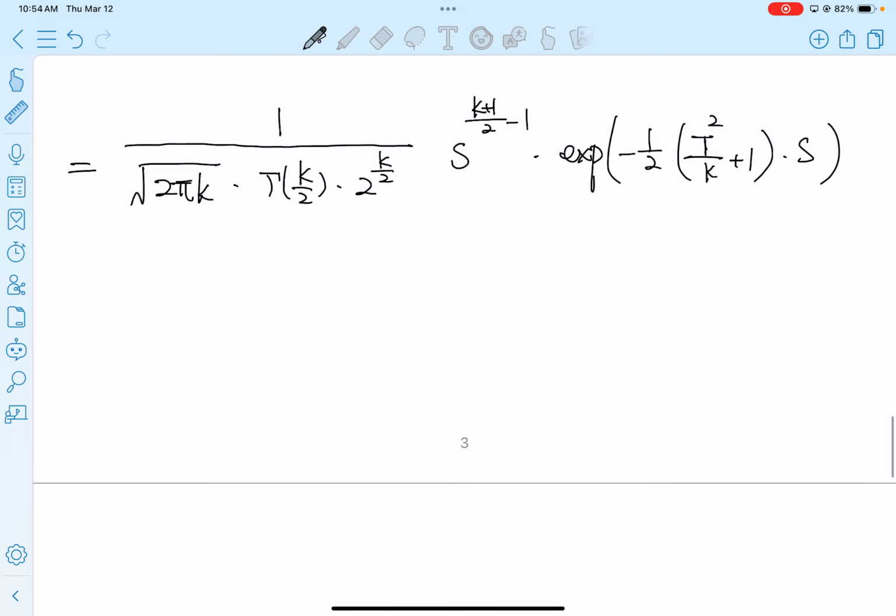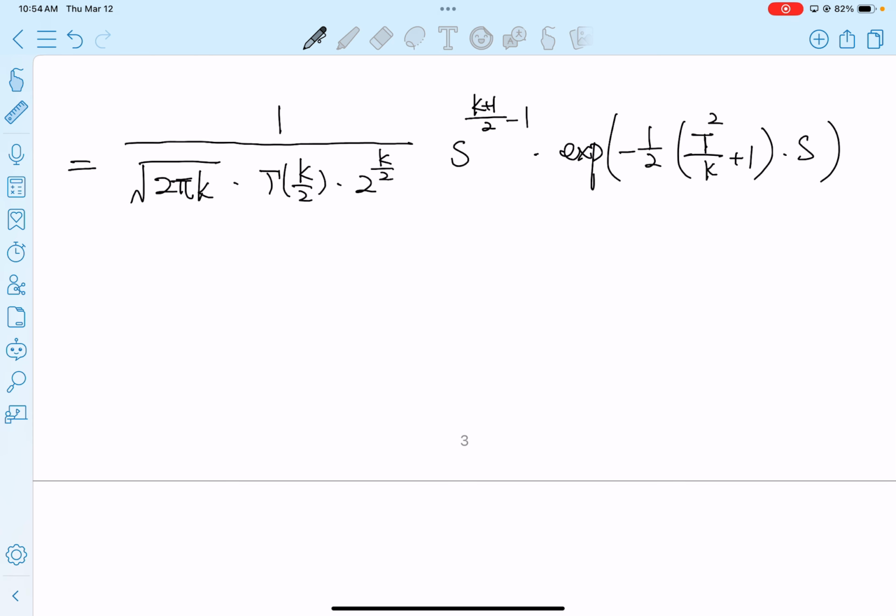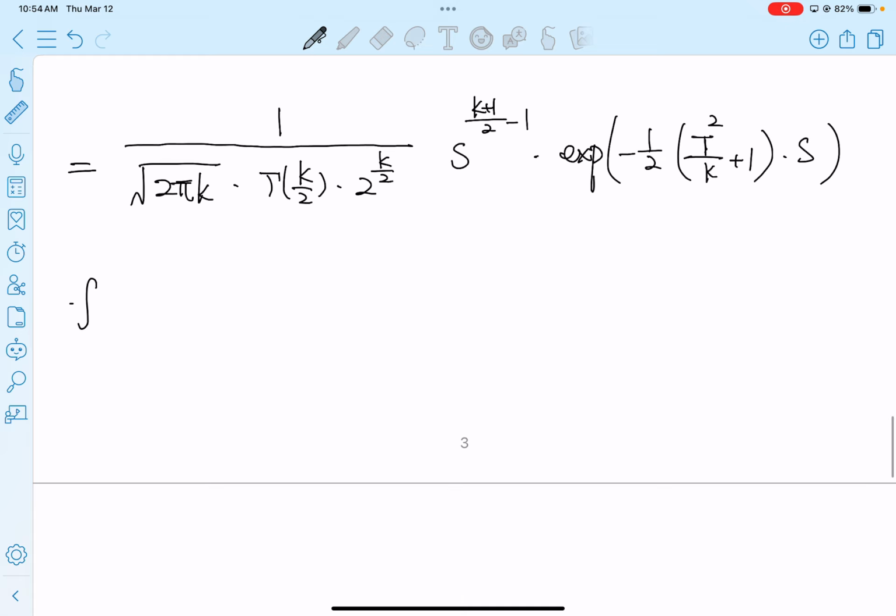Okay, after this, we are ready to take the integral with respect to s. Now I'm going to take the integral of this joint with respect to s.